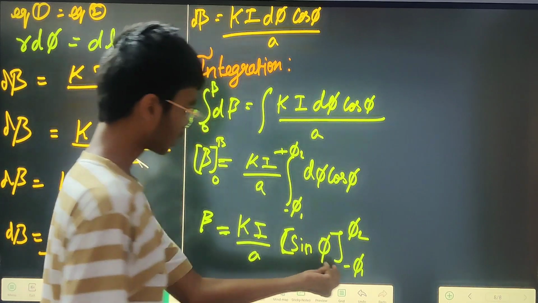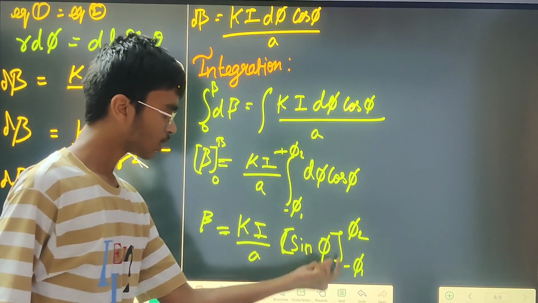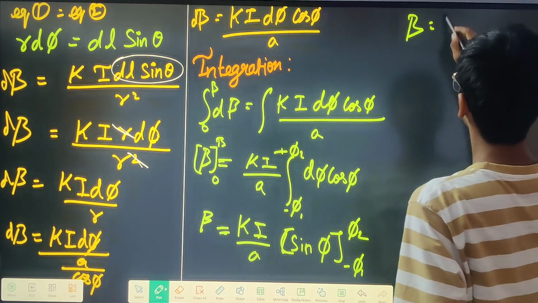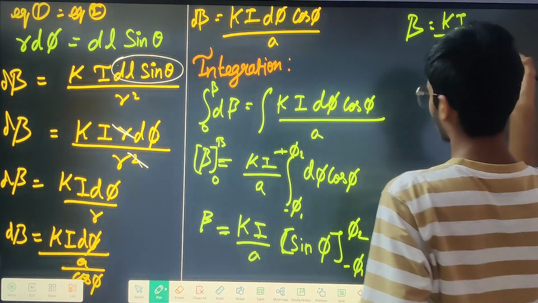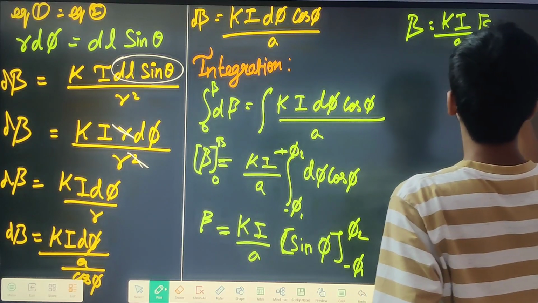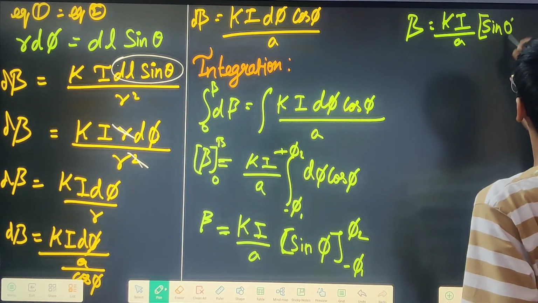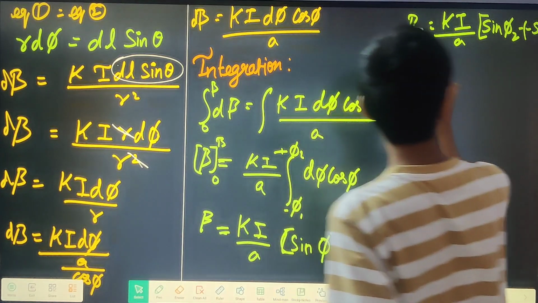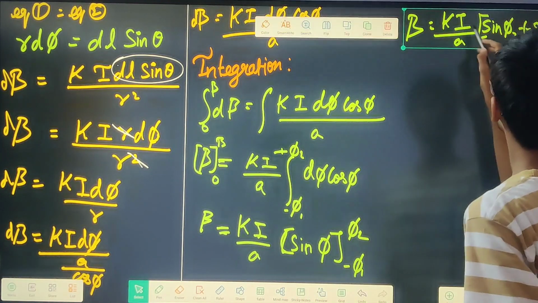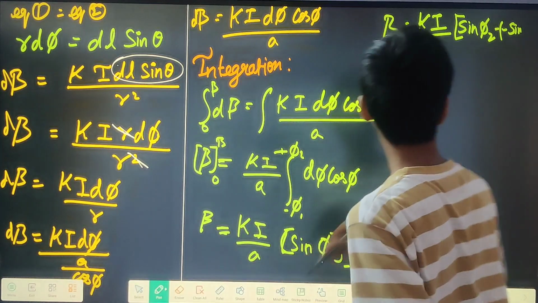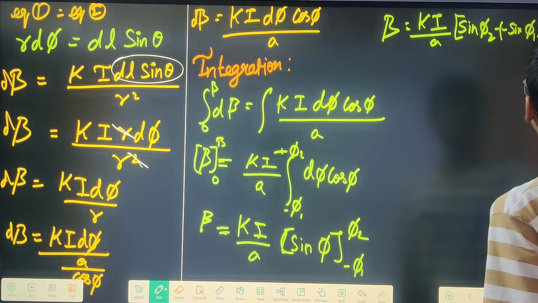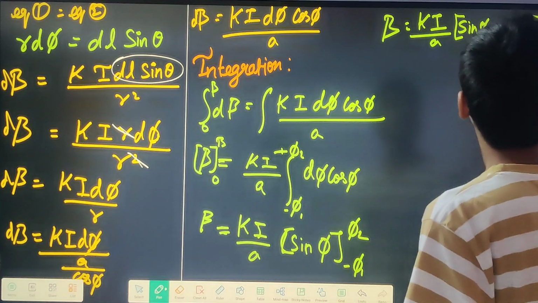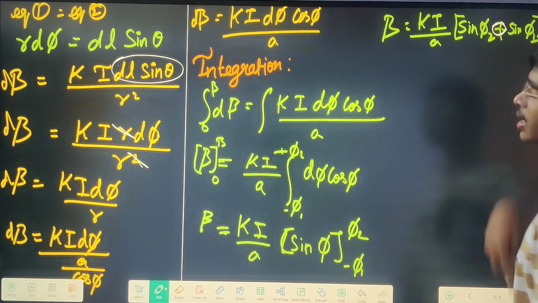Upper limit minus lower limit, so B is equal to Ki by A into sine phi 2 minus of minus sine phi 1. Minus of minus sine phi 1 will be plus.